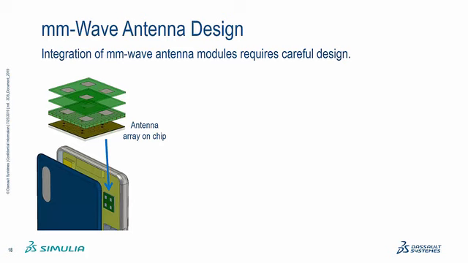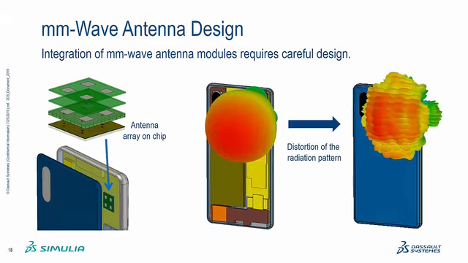Now if you integrate this antenna in a mobile device, could be a phone or a tablet, anything else, if you don't take care of how you're covering that antenna, what you're going to find is a severe modification, a disruption, of the way that the antenna radiates.